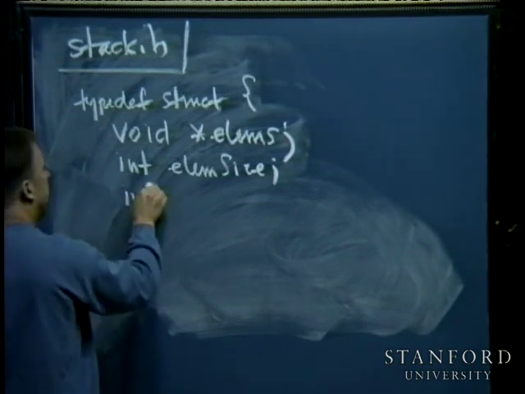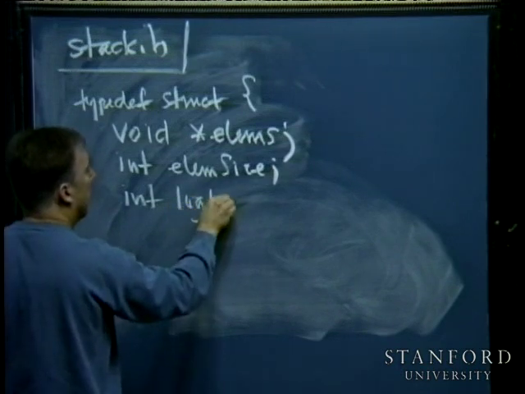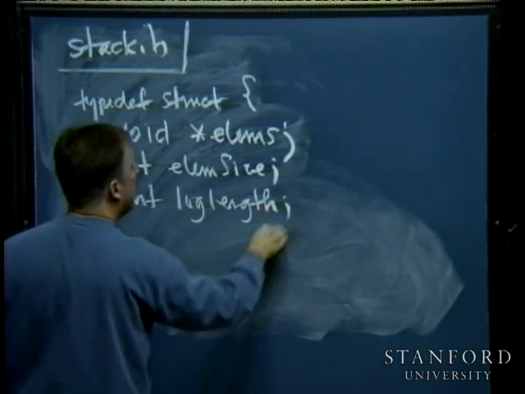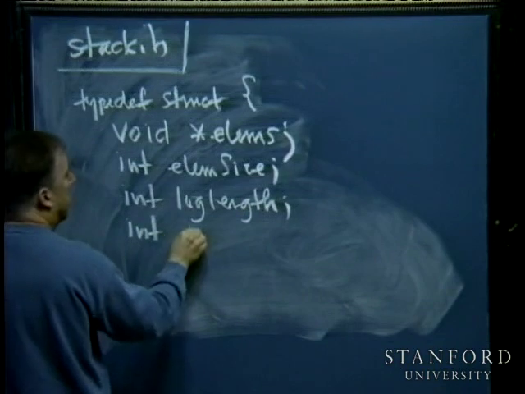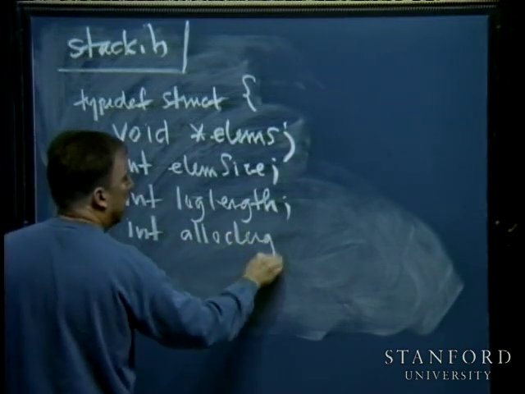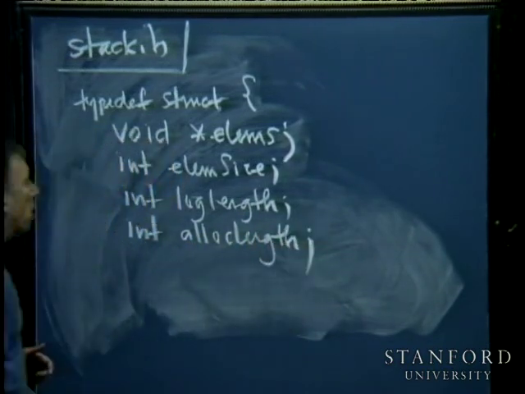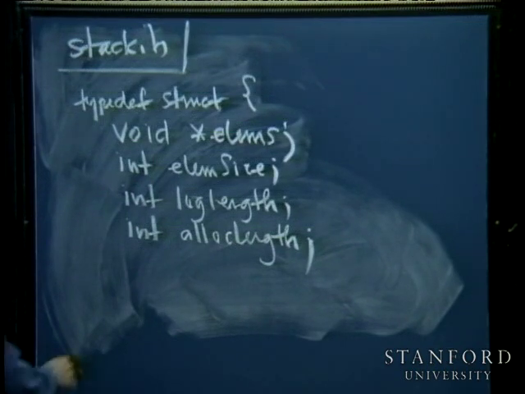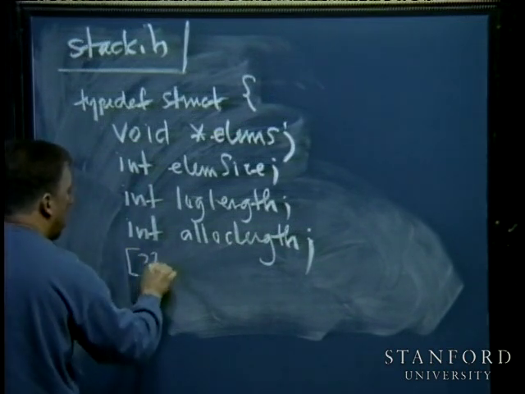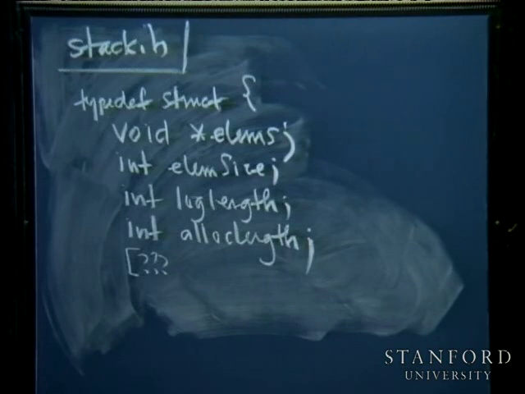I still want to maintain information about how many of these mystery elements I have. I also want to keep track of how much I'm capable of storing given my current allocation. And there's going to be one more element that we store in a bit. Okay? So I'll leave that be suspenseful for the next 15 minutes and we'll come back to it.